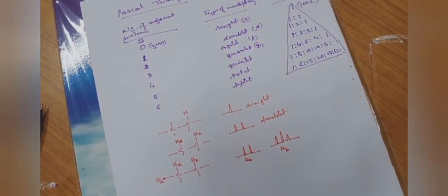Now we'll take another example. This is HB and there are 3 protons, and HA has only one adjacent proton, separated by 3 bonds.